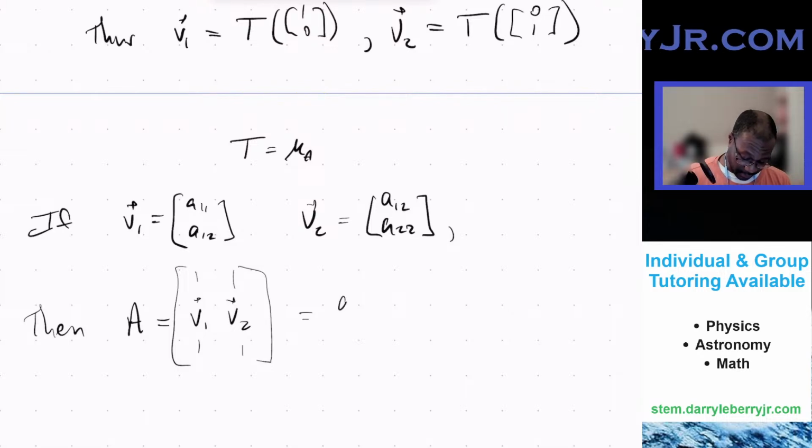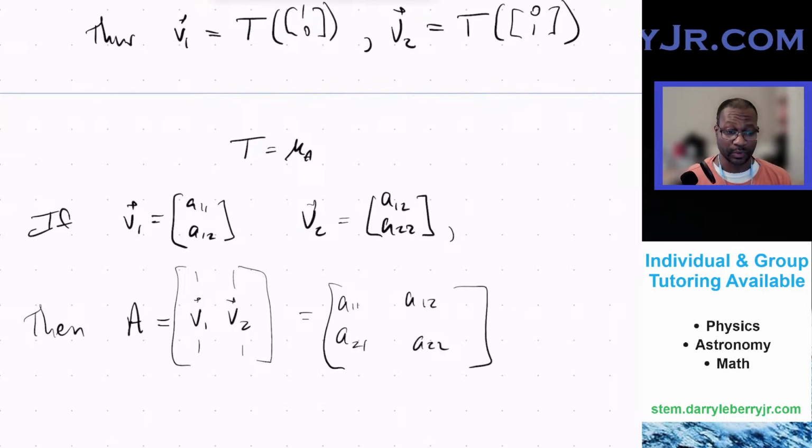So that equals A11, A12, A21, A22. Swap those. A is called the standard matrix for the transformation.